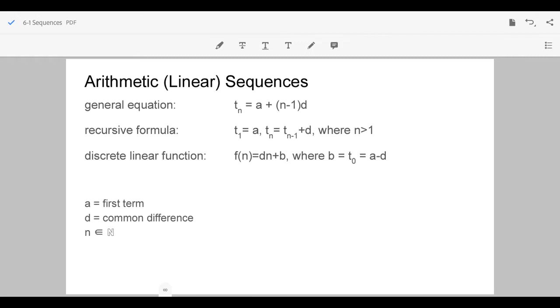Okay, and b is term 0, like I said, which is actually our term 1 minus our difference. So keep in mind that anytime we're talking about term 1, if we were to graph it, we're looking at 1 right here, not at 0, which would be like our y-intercept. So term 0 is actually 1 before this, which would be wherever it happens to fall on the y-axis.